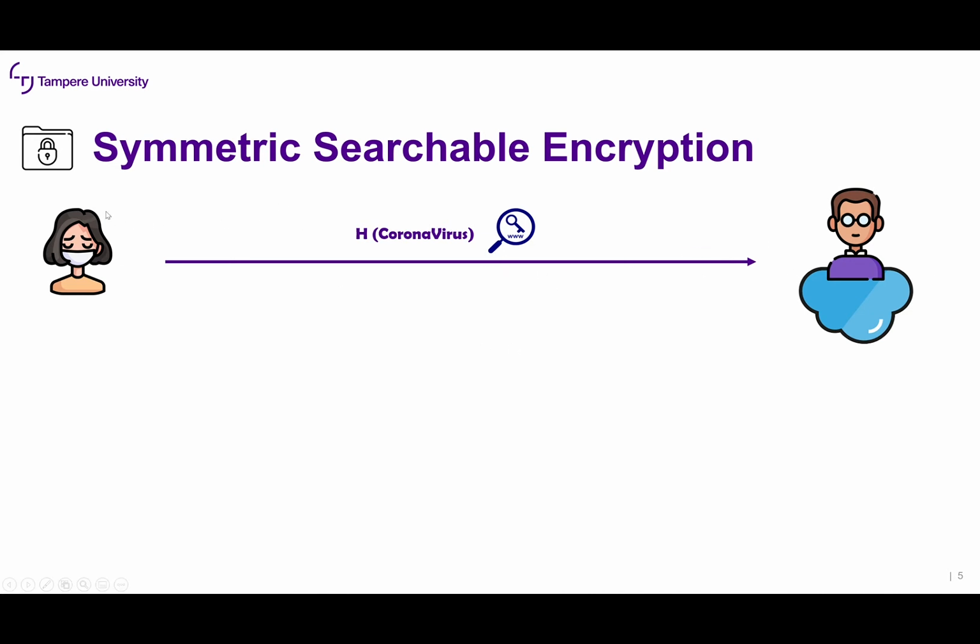So that user will contact Bob and say, hey Bob, please give me back all data that contain the word coronavirus. Now, the important thing to notice here is that instead of sending the keyword in plain text, like coronavirus in plain text, our friend here will send the hash of the keyword.